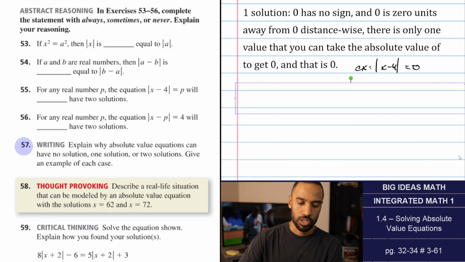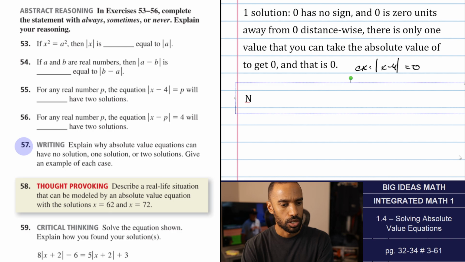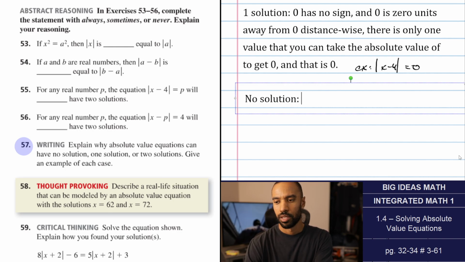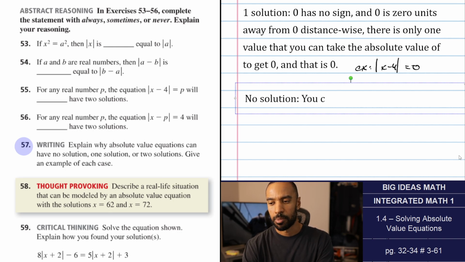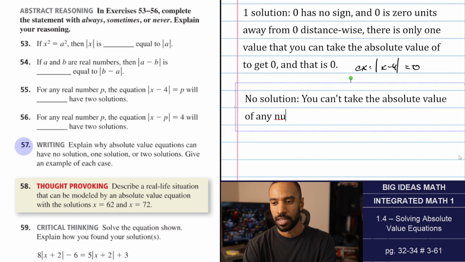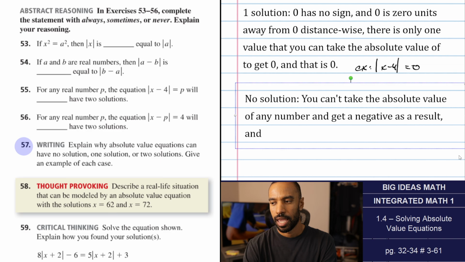Now, 0 solutions, no solution. I've said this time and again, you can't take the absolute value of any number and get a negative as a result. This is what the no solution case looks like.